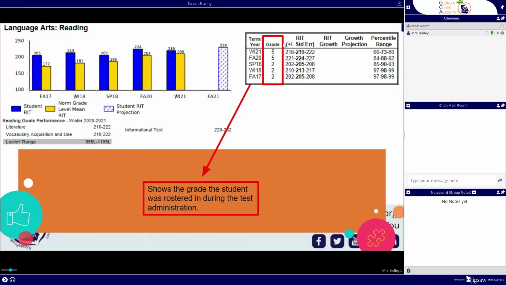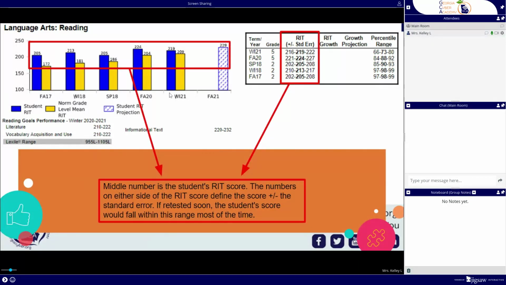The student grade level of when they took the exam is that second number in this box. The RIT scores in the box to the right are also seen on top of the bar graphs. The blue bar graphs are what your students scored.